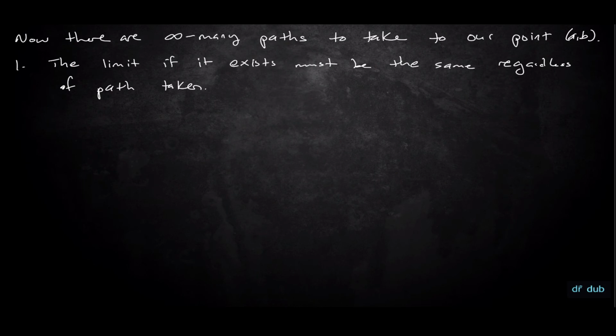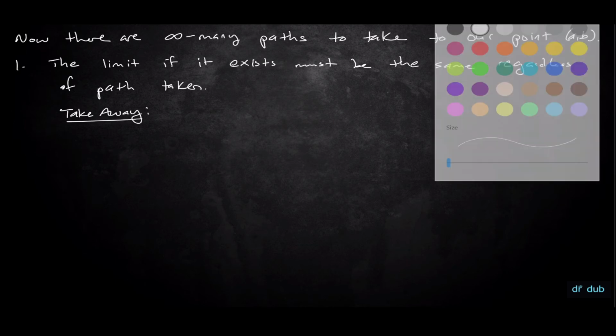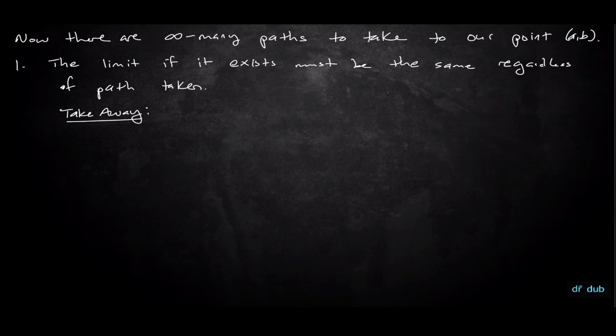So basically, the takeaway is going to be that if two paths yield different limits, then we can claim the limit does not exist.